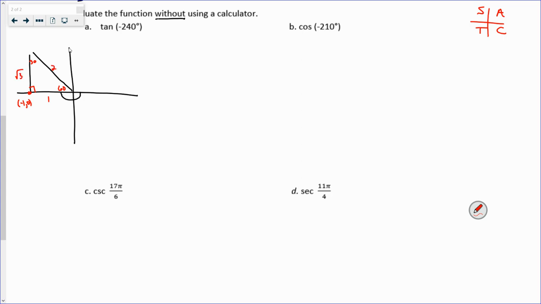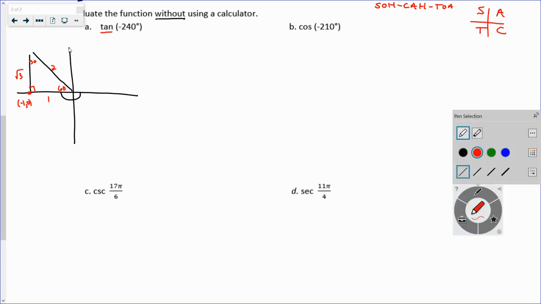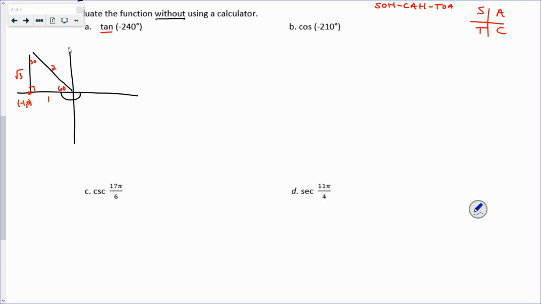So from there, tan is, let's see, TOA. So tan is opposite over adjacent. So we're going to say square root of 3 over 1.